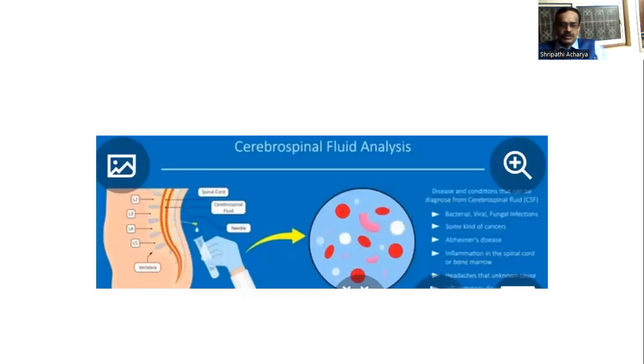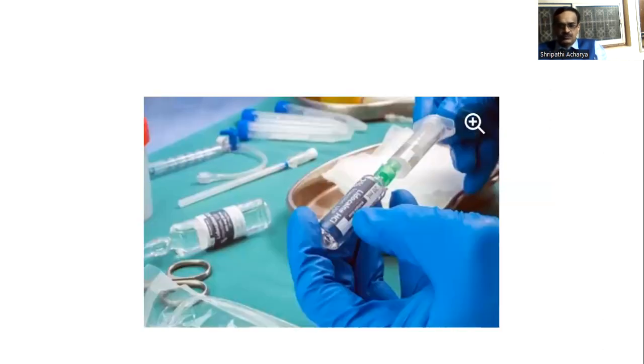After the puncture, we are collecting in a sterile vial and sending to the laboratory for analysis. We analyze sugar content, chloride content, electrolytes, and inflammatory cells, also differentiating the type of cells. These are the instruments for the procedure.